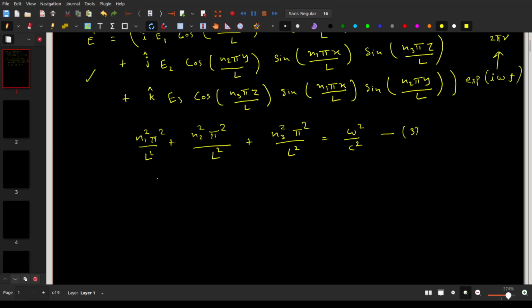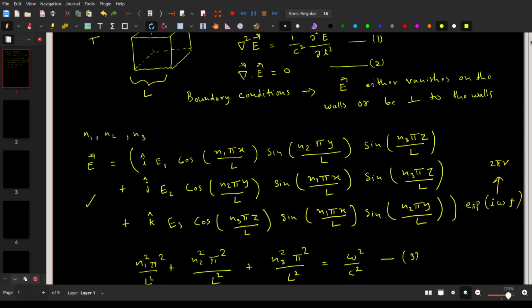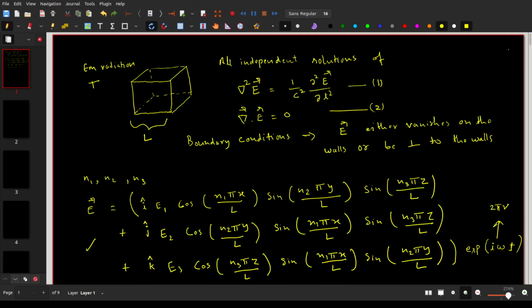In order to satisfy the condition of divergence of E equal to 0, we need to have E1 n1 plus E2 n2 plus E3 n3 equal to 0. So if these two conditions, 3 and 4, are satisfied, then this E will satisfy both the equations 1 and 2 and will also satisfy the boundary conditions.